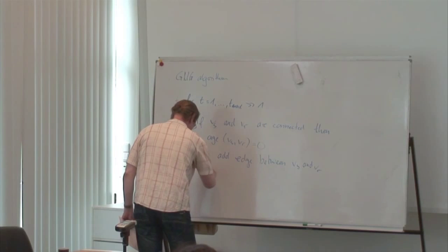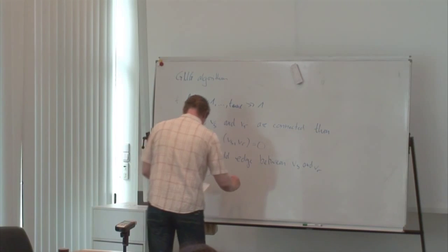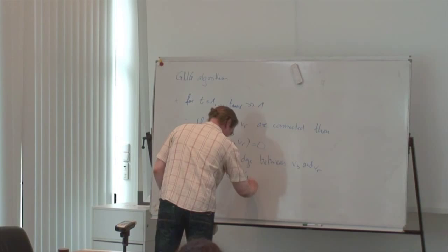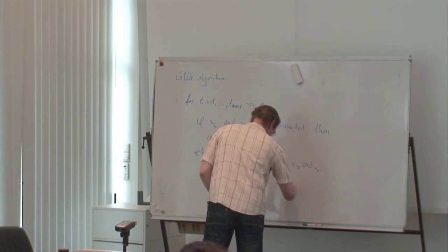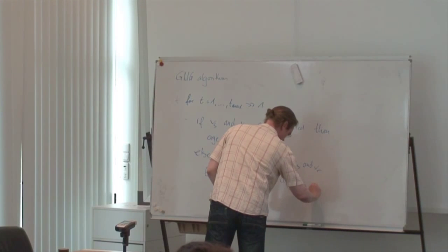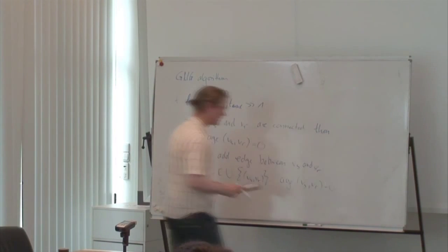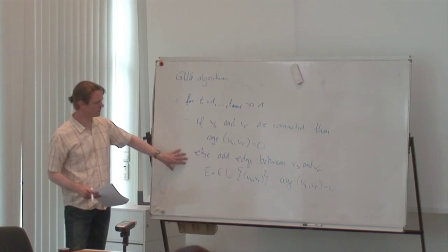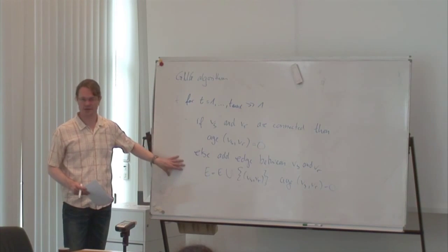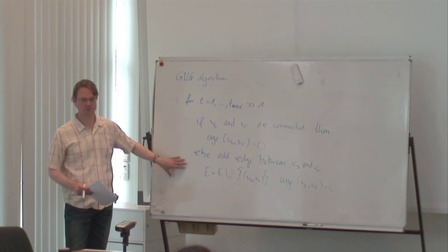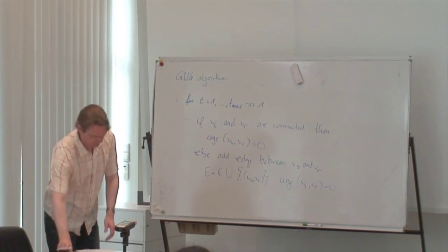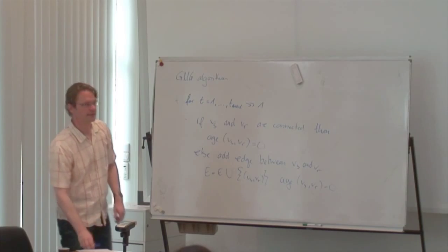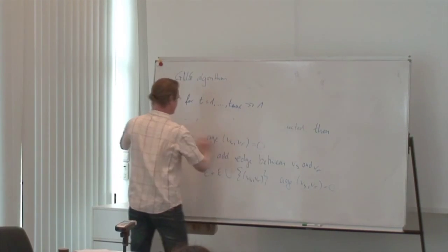So that is to say we increase the set of edges by one element, Vs, Vr, and the age of this edge, Vs, Vr, will be set to 0. Here at this point, for the first time in this algorithm, something happens to the graph, not just to the labels, but here we insert an edge. Right? Now, this continues.